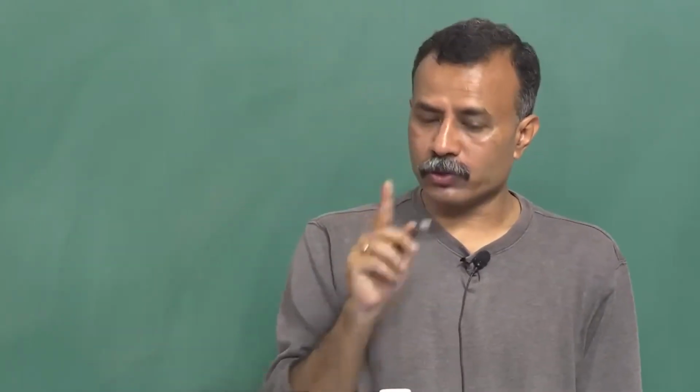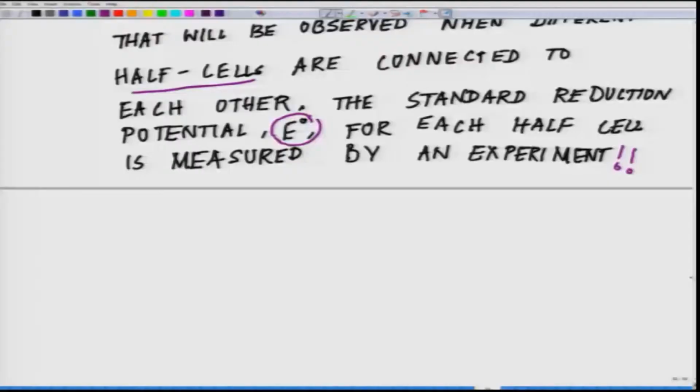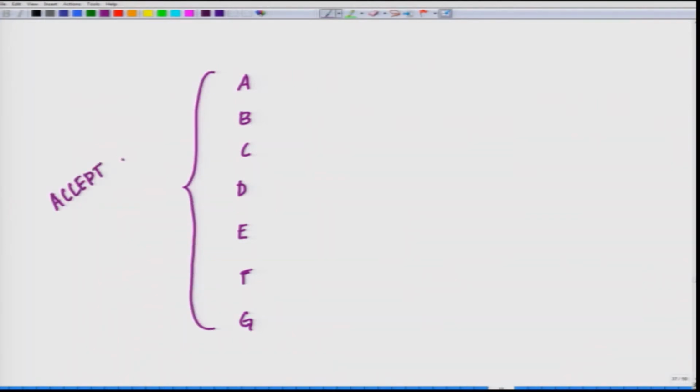And if I know these two values, what we want is something like this. Say for example, this is hypothetical, what I am going to draw before I go to the experiment. Say I have these elements A, B, C, D, E, F, G, and all of them have different power to accept electron and get reduced.